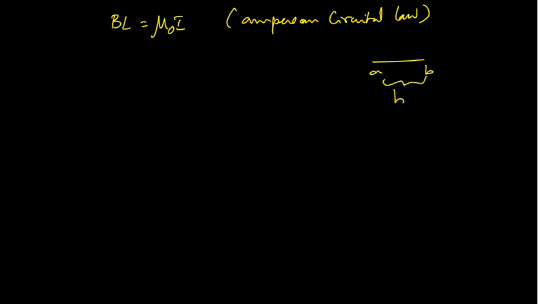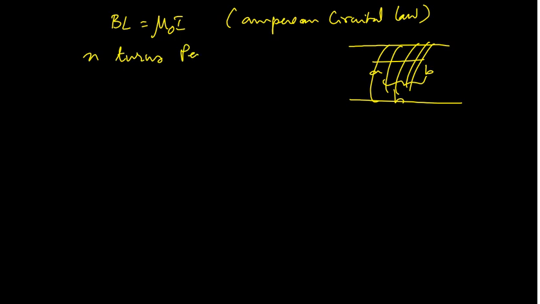So we are only considering along this, we may have many turns in the length. Understood, right? Therefore, if I am assuming that there are n turns per unit length, and in our case the length now is h, then how many turns?